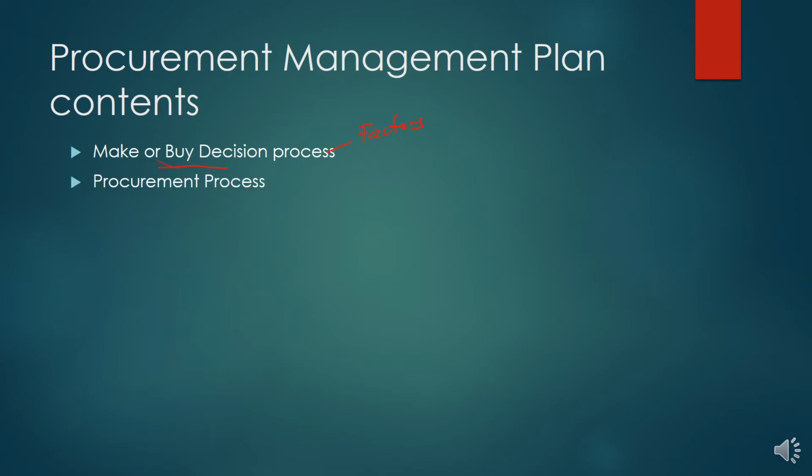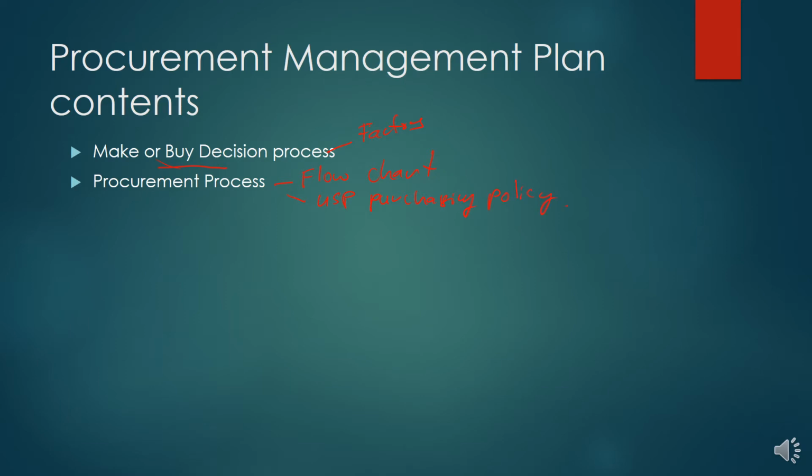The next thing which is very important is your procurement process, and I'd like you to present this in terms of a flow chart. It's very useful if you could use the USB purchasing policy.